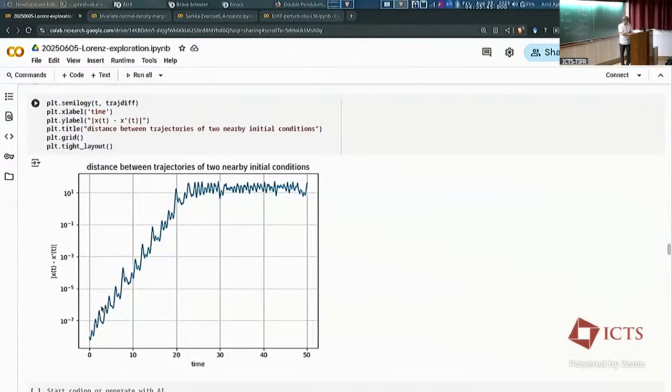The distance increases on average exponentially, but not monotonically. In fact, the distance sometimes comes down. The points can go far, maybe they come near, they go far and they come near and so on. They do all sorts of stuff. On average, the distance grows exponentially. So basically, this exponential growth.